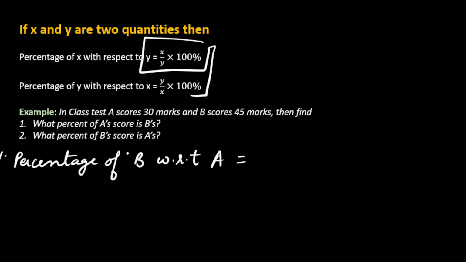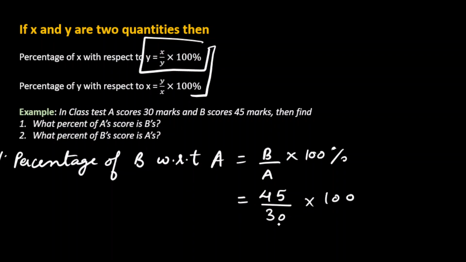We have to find the percentage of B. So B's marks we write on top, A's marks we write at the denominator, into 100%. So B's marks 45, marks of A 30, into 100.